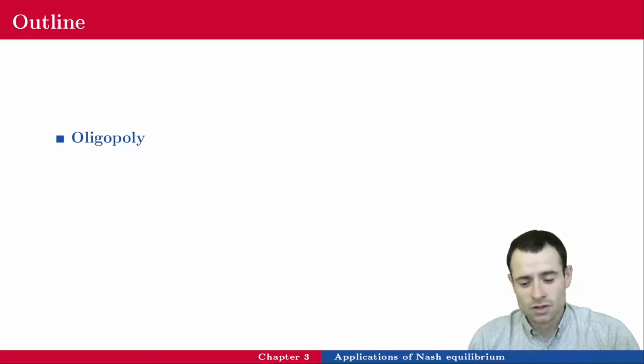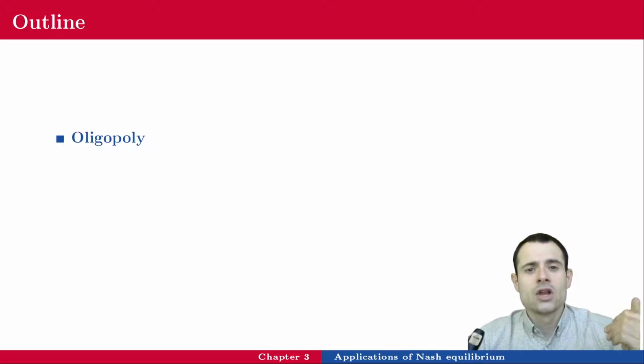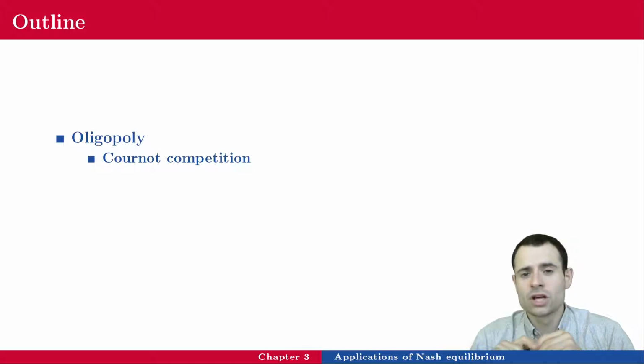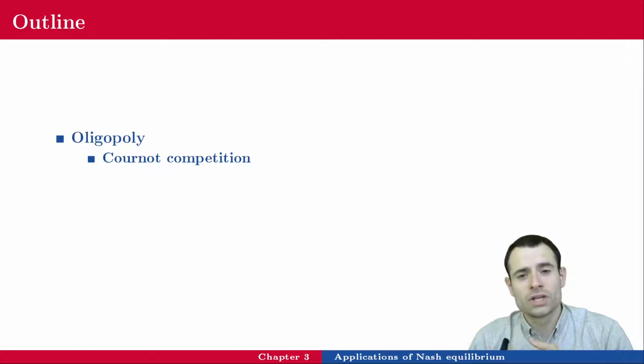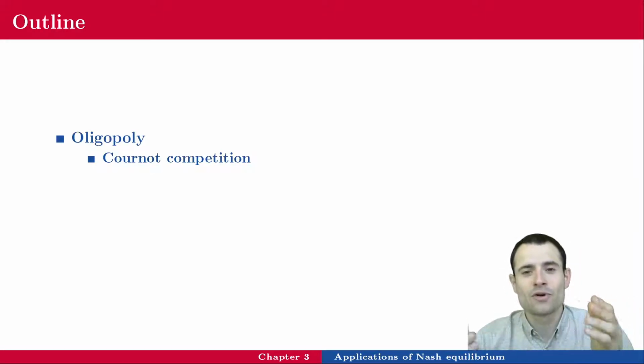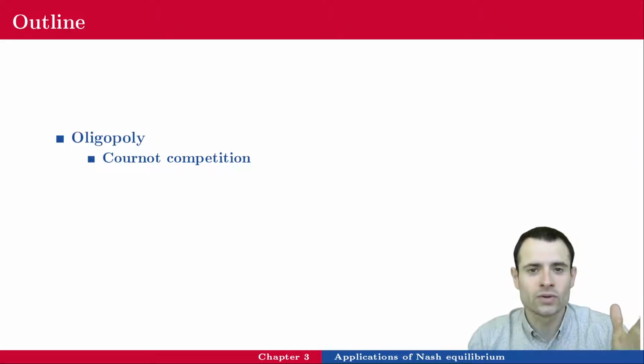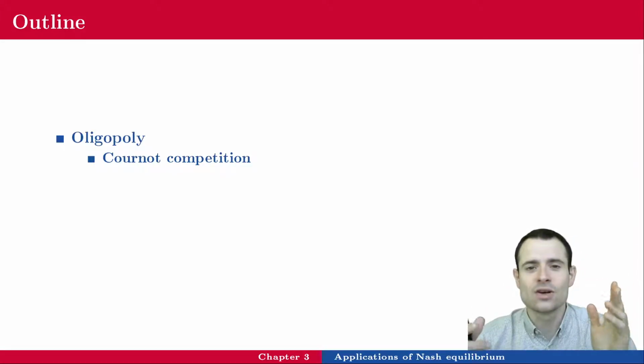And that will be modeled by non-cooperative games. In particular, I will go over competition in quantity. That is called Cournot competition. Cournot was a French guy, so that's how you pronounce it. You just don't pronounce the T. So you could say Cournot, which is the correct way to say it. But please don't pronounce the T.